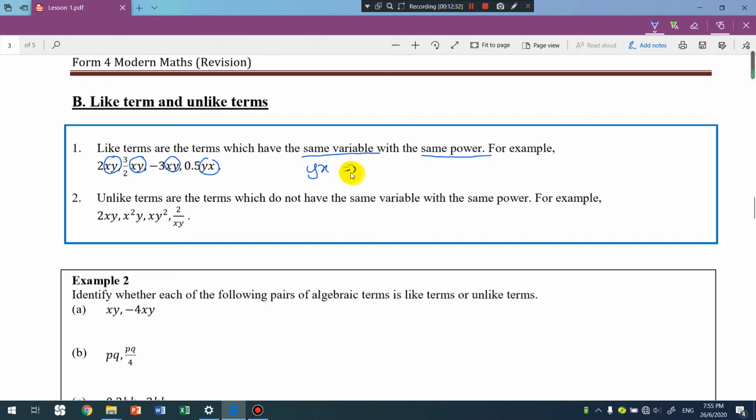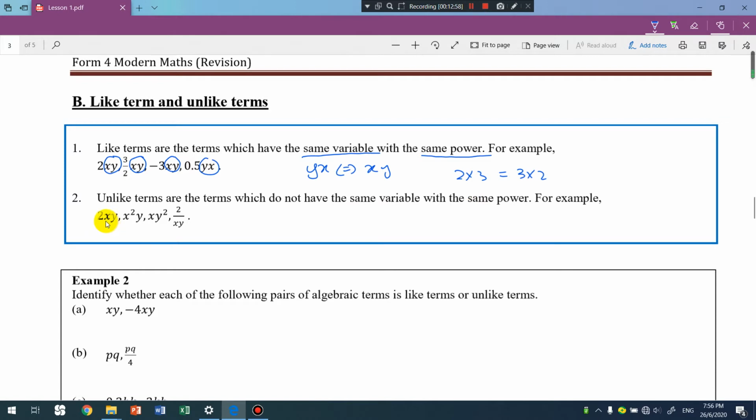Yx and xy are actually the same thing. Y times x and x times y, same thing, right? 2 times 3 and 3 times 2 are exactly the same value. So remember, like terms: same variable, same power. Unlike terms do not have the same variable with the same power.